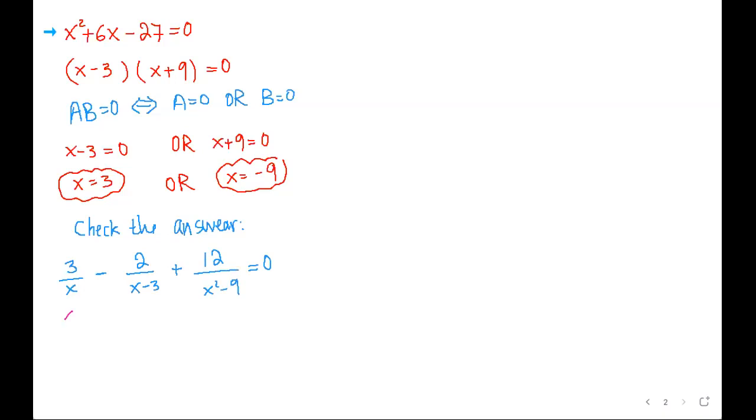So plug it in, do they work or not? When I plug x equals 3, I get 3 over 3 minus 2 over 3 minus 3. Oh, I get 0 here. Plus 12 over 3 squared minus 9, which is 9 minus 9. And this is not working.